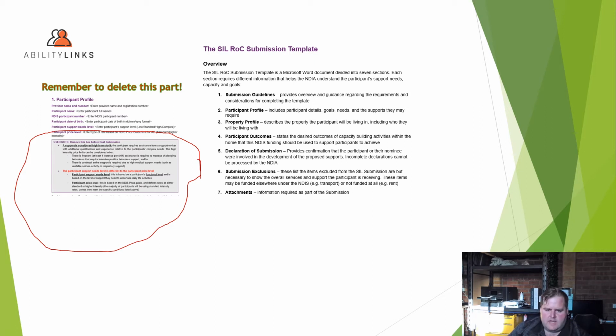And then our attachments, which could be incident reports, information from doctors, treating specialists that outline or assist in negotiating reasonable and necessary supports. It's probably worthwhile listing these components, as it's very easy for things to go missing.